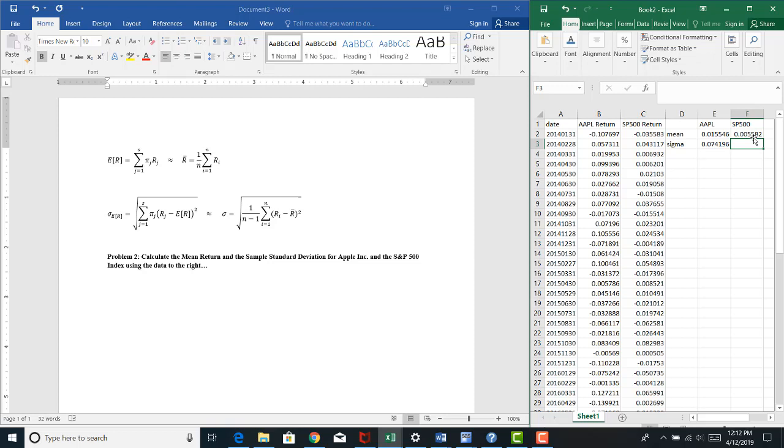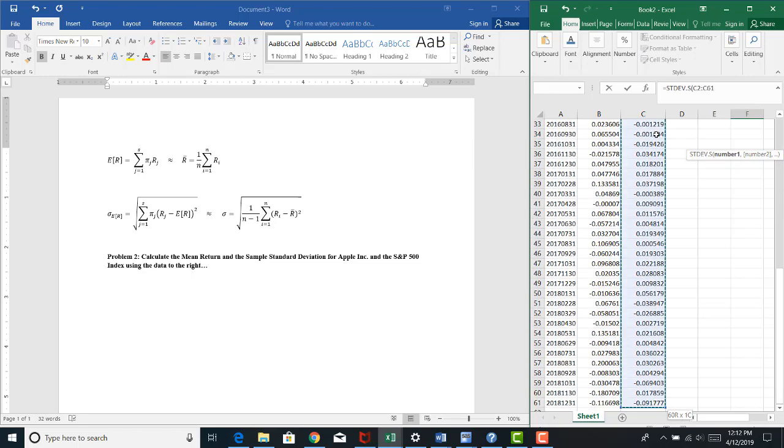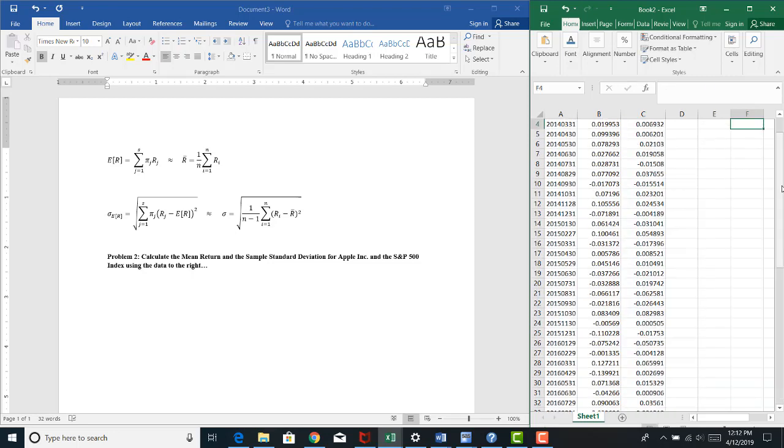That's about 6.7% per year during that 5-year period. The standard deviation is 3.15%. Okay, so here I have the mean for both of these assets and the standard deviations for both of these assets.